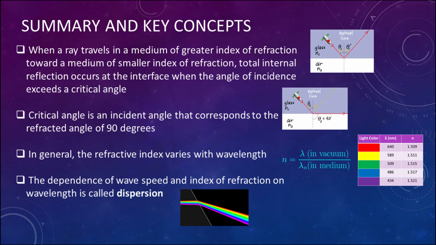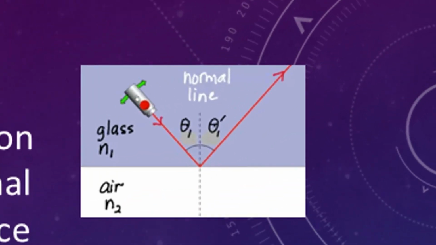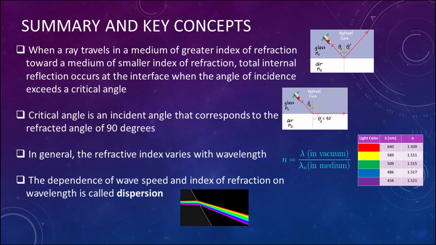Okay, that's all we have for this video series. But before we end, let us summarize some of the key concepts that we need to understand and remember in order to explain and appreciate the properties of light when it propagates from one medium to another. When a ray travels in a medium of greater index of refraction toward a medium of smaller index of refraction, total internal reflection occurs at the interface when the angle of incidence exceeds the critical angle.